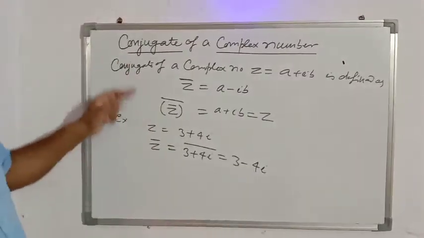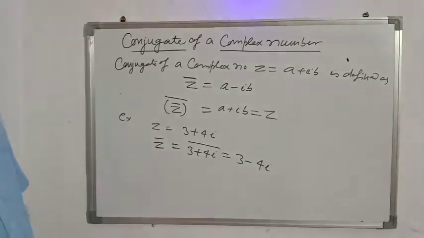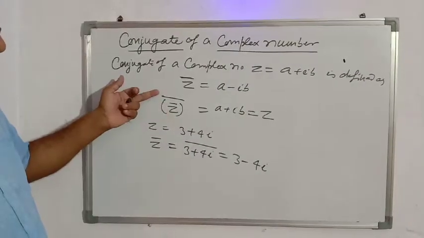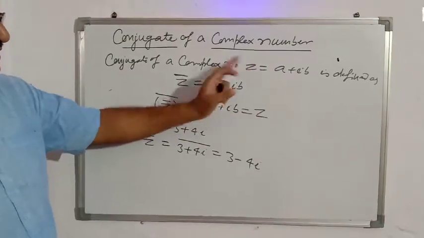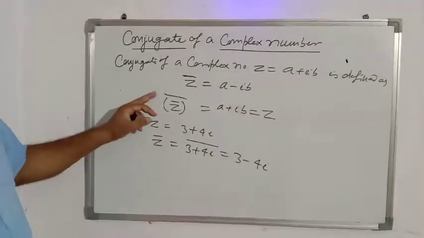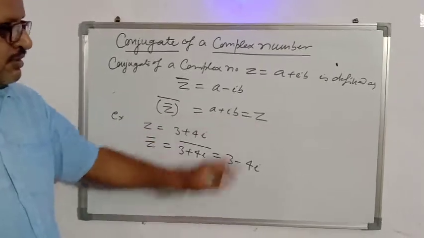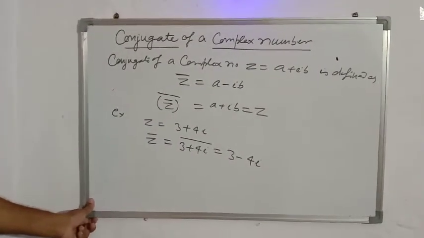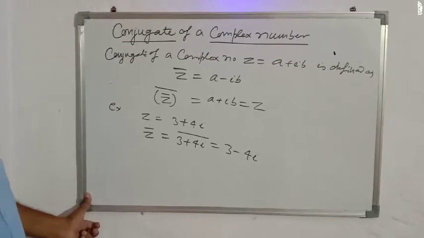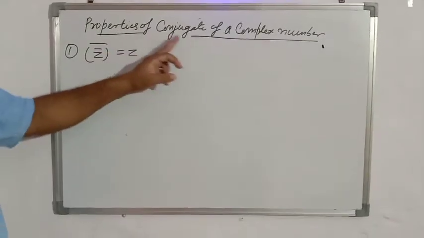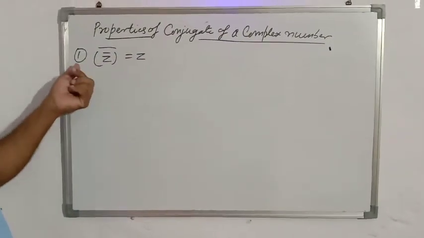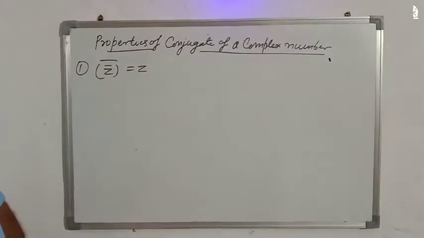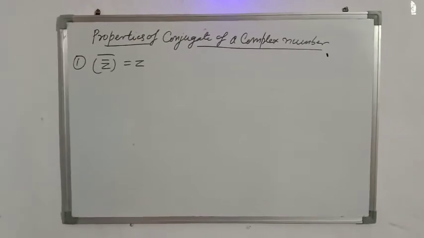So this is the conjugate of a complex number z. If again we take the conjugate, we will get the same complex number. So bar of z bar will be equal to z. Now we will see the properties of conjugate of a complex number. The first property is bar of z bar will be equal to the same complex number z.